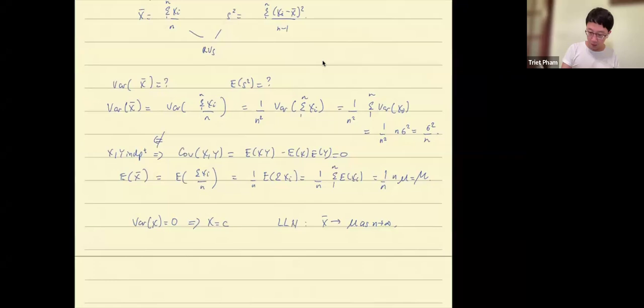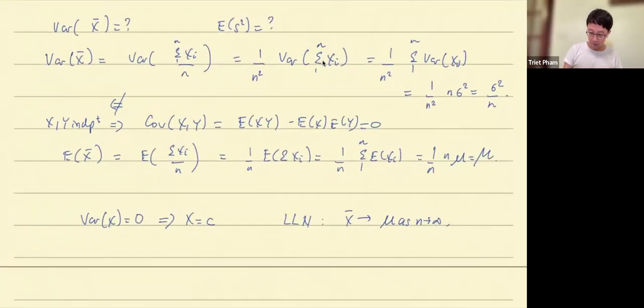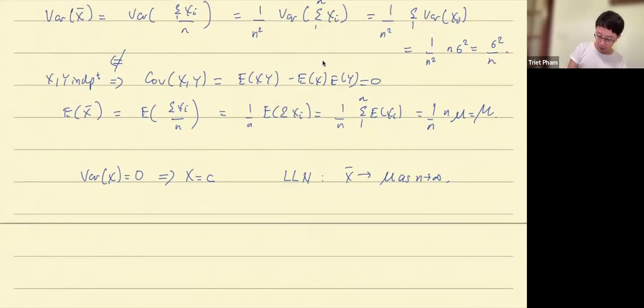All right, so what about the expectation of the sample variance? The expectation of the sample variance will be the expectation of the sum of xi minus x bar squared over n minus 1. This is an interesting expression to look at.